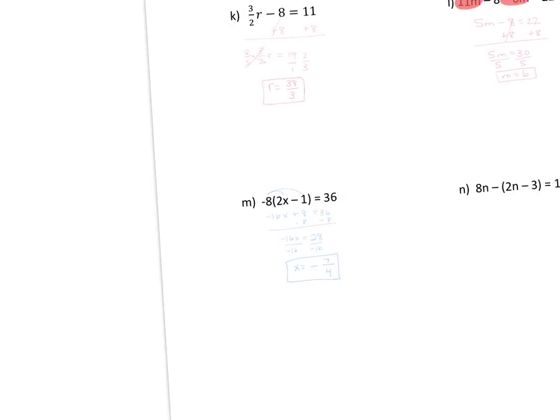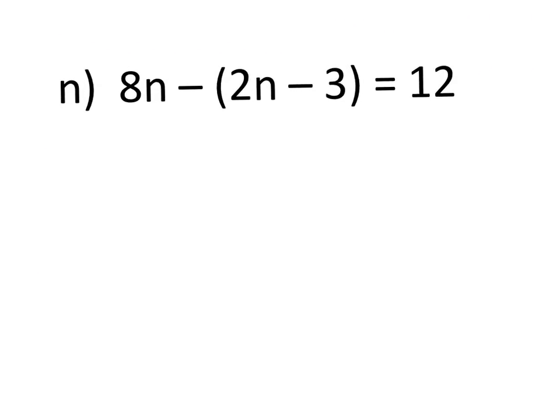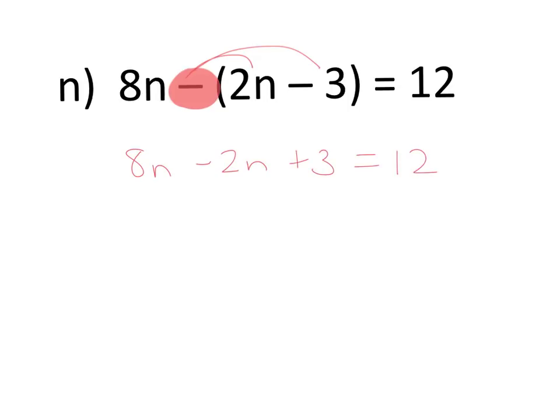Okay, so this is what I was trying to warn you about back in chapter 1. In chapter 1, we talked a lot about making sure you distribute a negative through. This is where it's coming into play finally. So you have to make sure that negative goes through first, not the 8n. The 8n is separate. Put the negative through, so you get negative 2n plus 3 equals 12. So distribute. Now combine like terms.